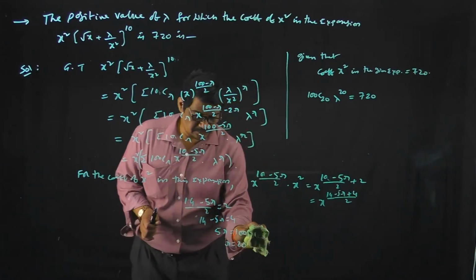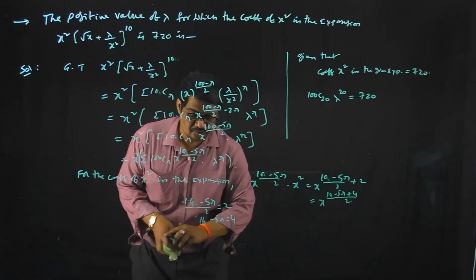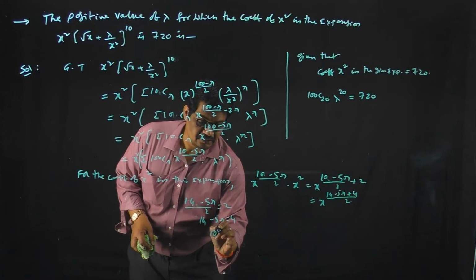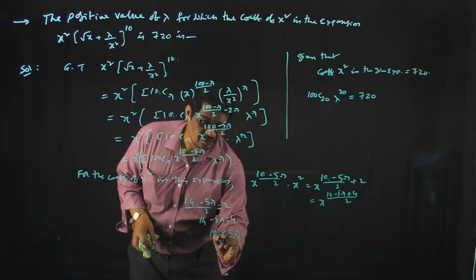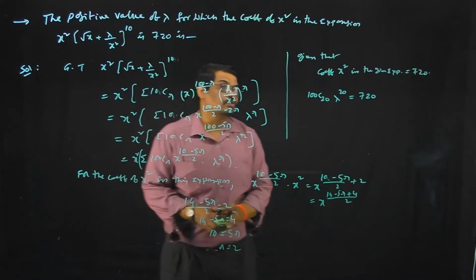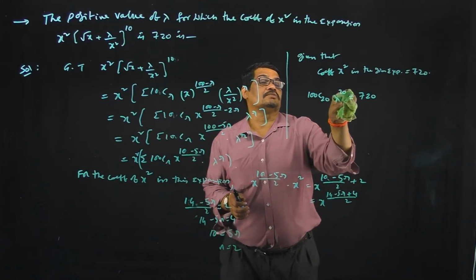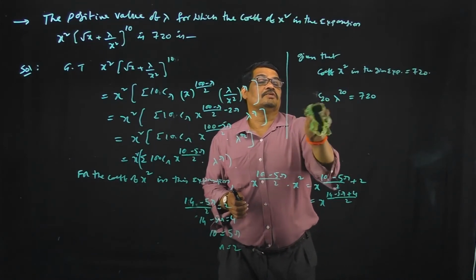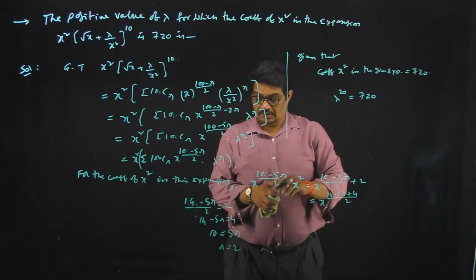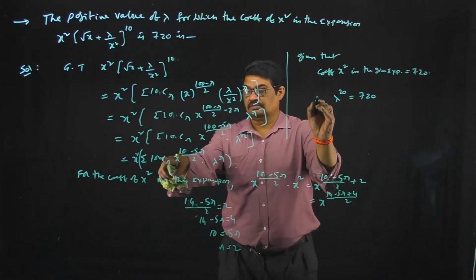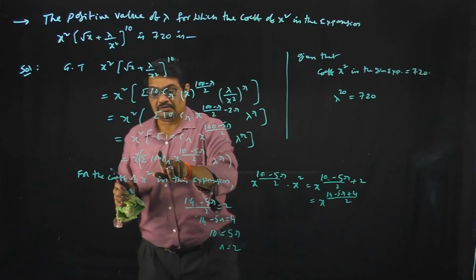From that we are getting 10 is equal to 5r. r is equal to 2, not 20. Here also 10.